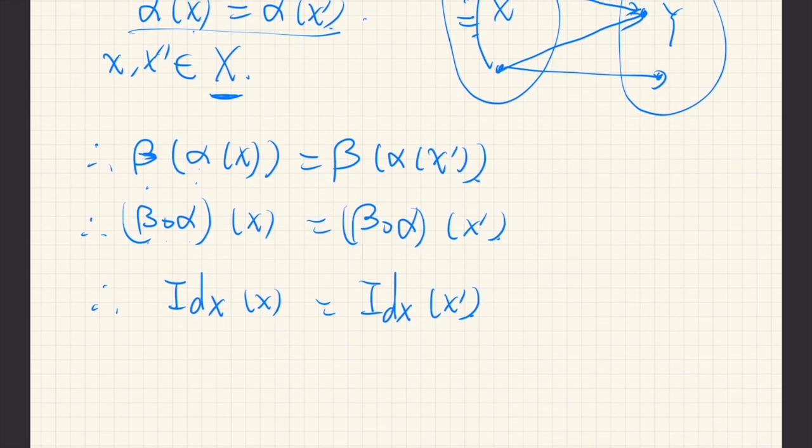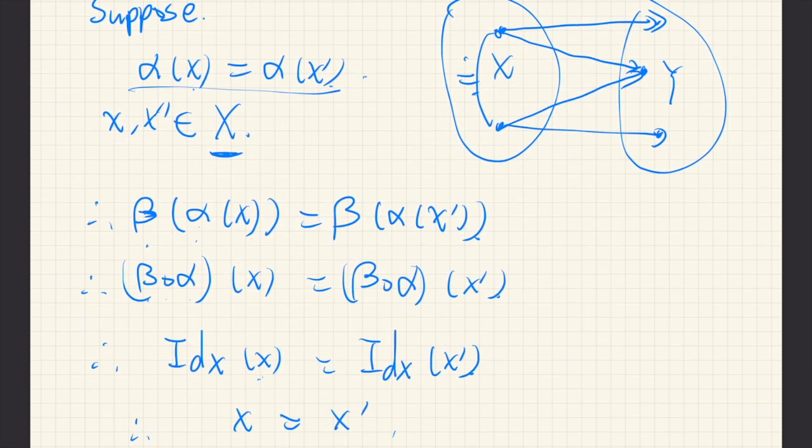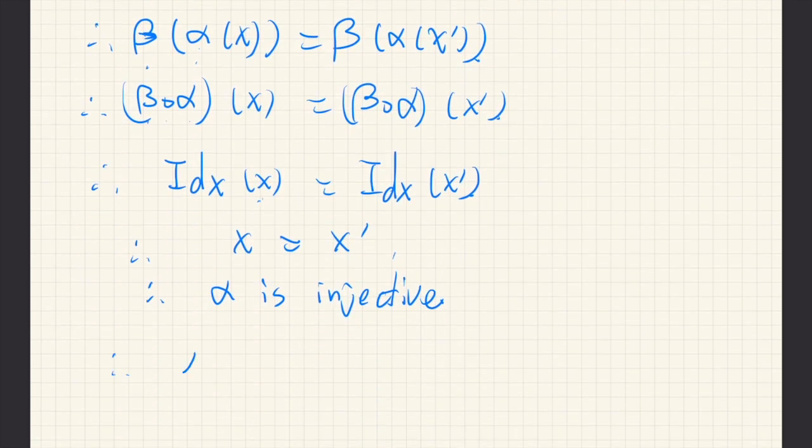But identity means they just give the same value as the argument. So x and x prime are the same. Therefore, alpha is injective. So taken together with this result, alpha is bijective. And we are done.